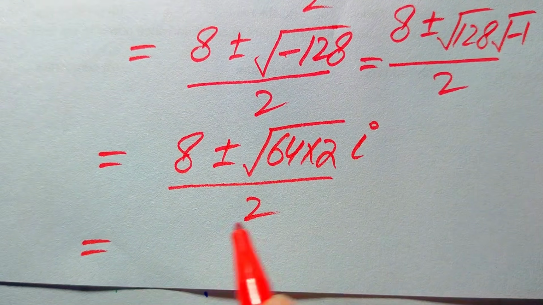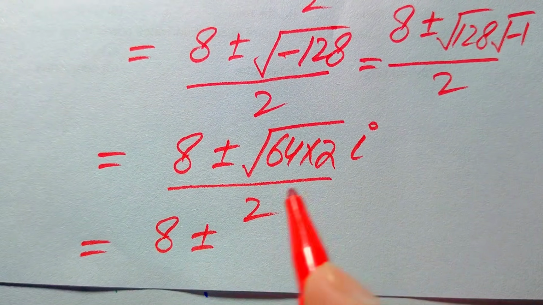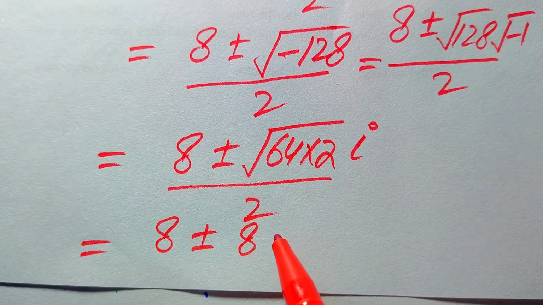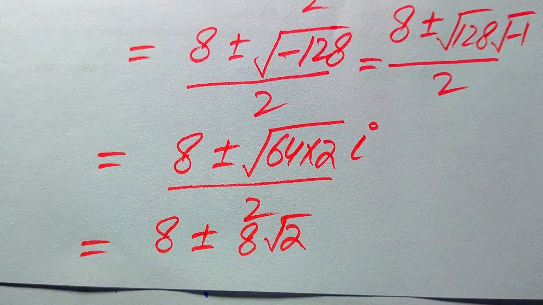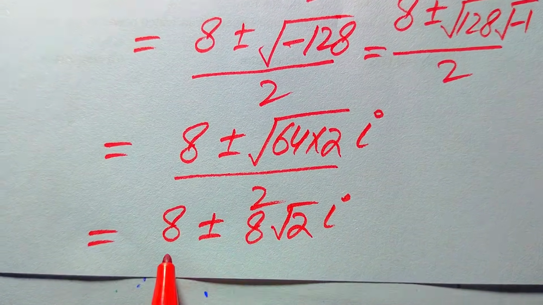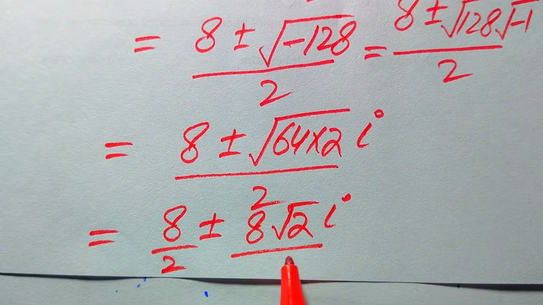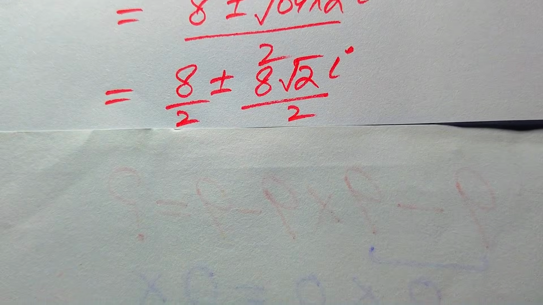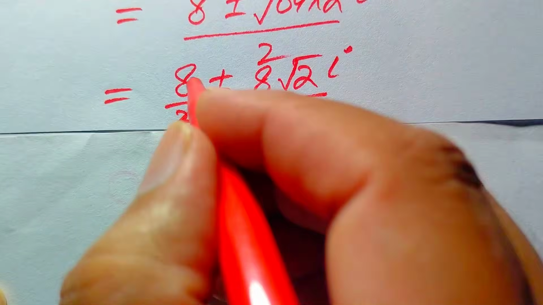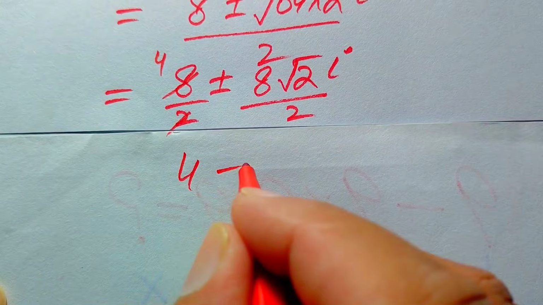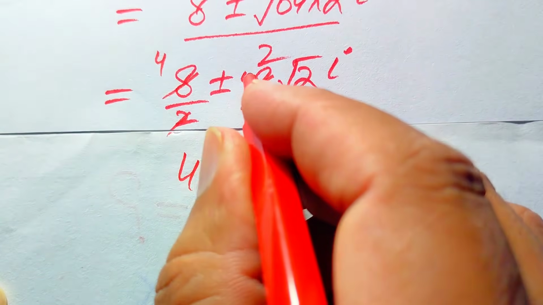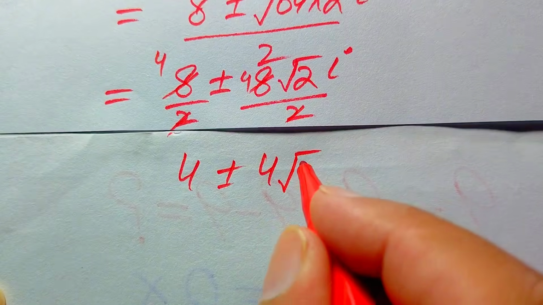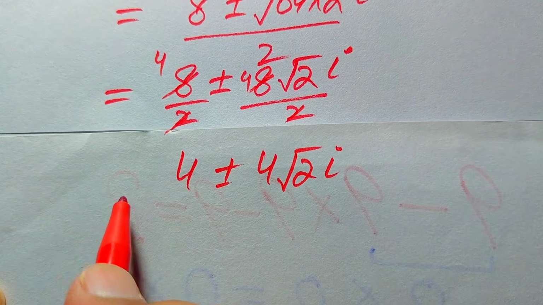And now further in the next step we have 8 plus minus, we know that square root of 64 becomes 8, times square root of 2, times iota, and we break this value and write it separately over both of these two terms. So we cancel these terms and we get 2 fours are 8, and 4 plus minus, this is also 2 times 4 is 8, and we get here 4 times square root of 2 times iota.